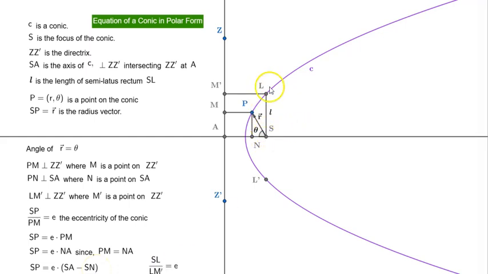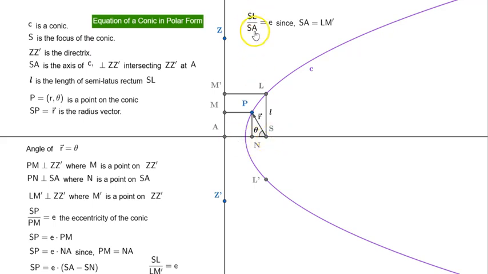Similarly, SL divided by LM prime is equal to the eccentricity. This is based on the definition of a conic. Now SL by SA is equal to e. How? Because here we have said SL by LM prime equals e, and LM prime is equal to SA.